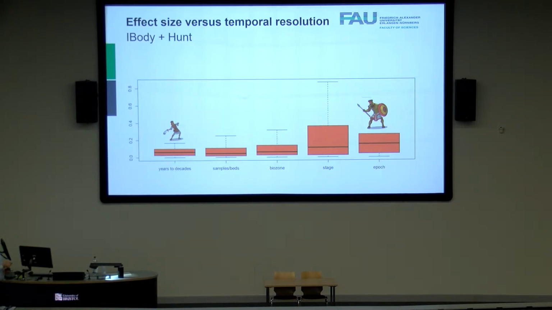So if we look at first in taxonomic resolution, yeah, so we can look at measurements from today over years, and you see that this is actually the same kind of value, but it's the absolute value. So it's both increases and decreases, just the absolute value. And what you see is actually that if you are looking at comparing samples in very coarse temporal resolution, well, you have a tendency to increase or decrease a bit more than when you're just looking at years, which maybe makes sense, right?